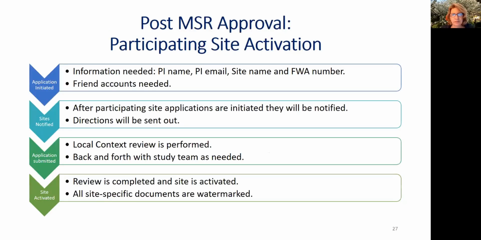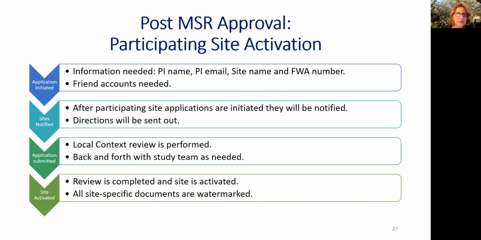Okay, so we're moving along in the process now. We have our multi-site MSR application approval, and we're working on getting those participating sites up and running. We're going to collect a lot of standard looking information from the sites, who the PIs are, and what the federal-wide assurance number is, and that helps us with the single IRB of record record keeping.